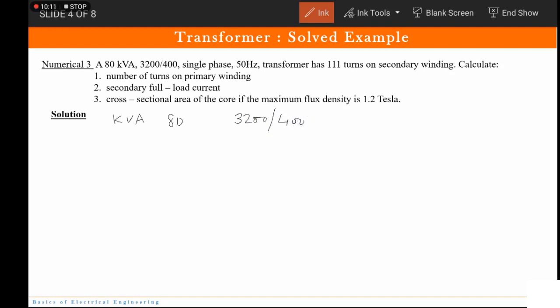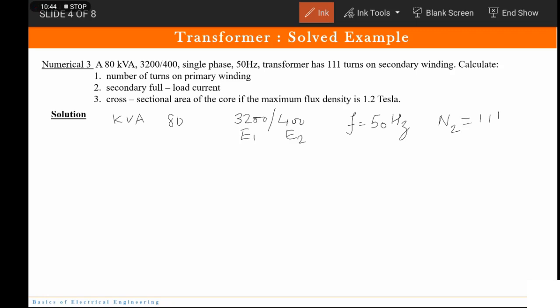So what does this mean? This means that this is primary voltage and this is secondary voltage. Then frequency is given as 50 Hertz. Well, let us see what is the use of this. Then secondary windings are 111. It means N2 is 111. Fine. What else is given? No, we have covered everything, isn't it?